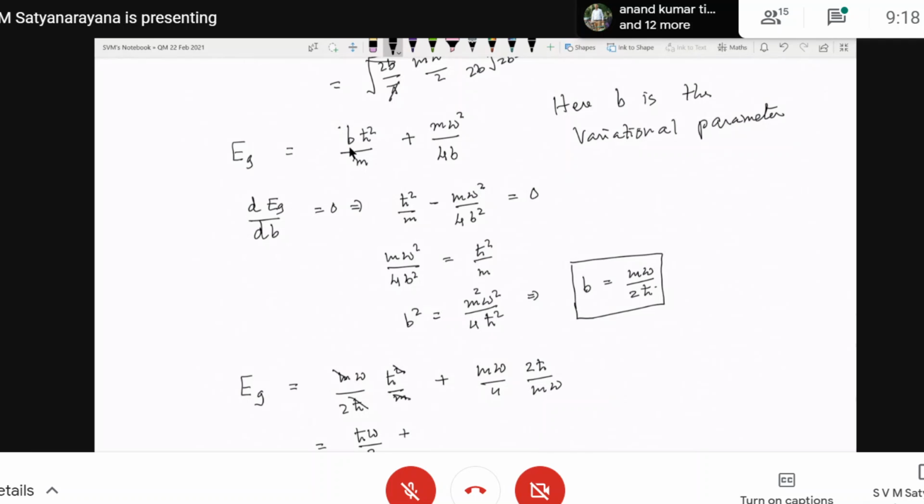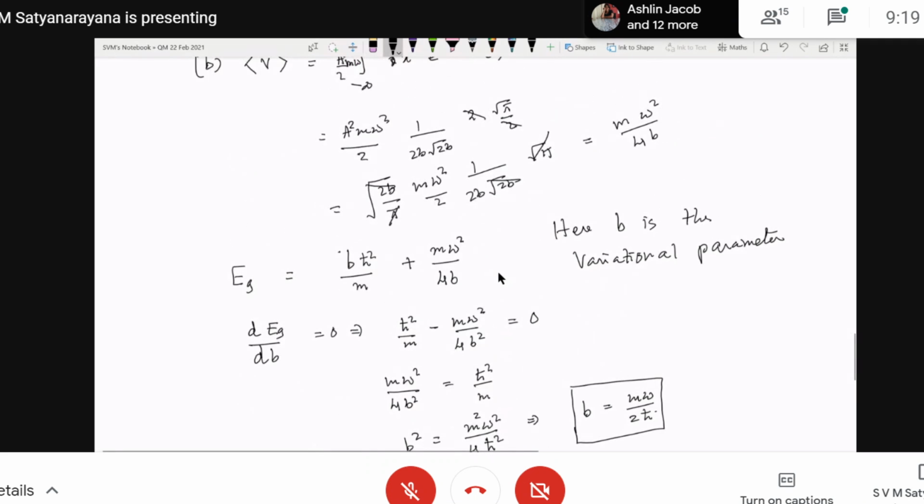So this is m omega square by 4b. So m cancels, omega cancels, 2. So I have h cross omega by 2. I think overall we are missing some factor 2 in both cases.